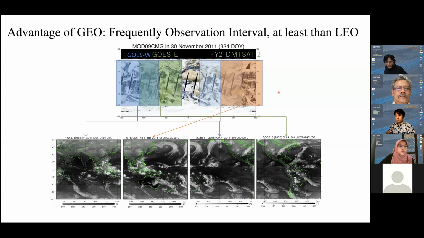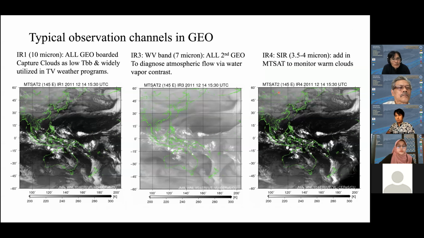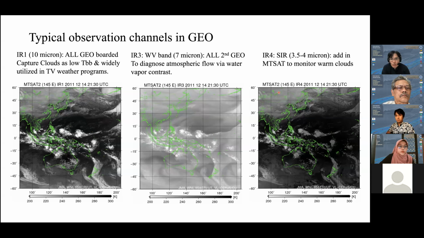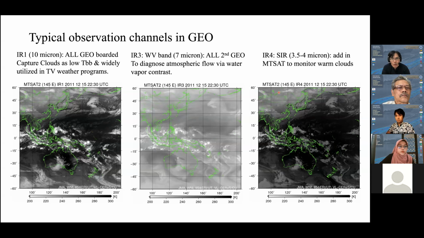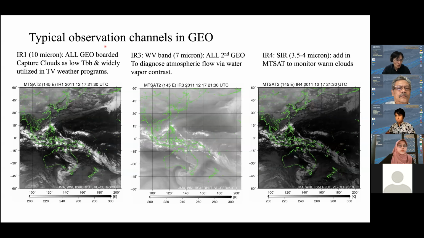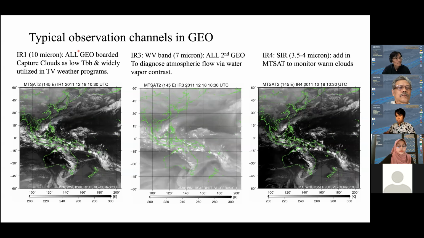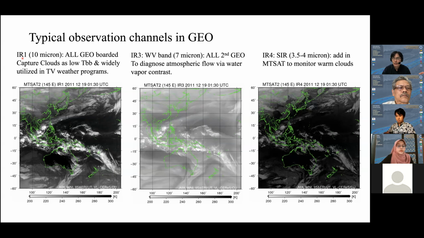So this is an example of the typical observation channels onboard a geostationary meteorological satellite. Step by step, I will explain these. The left one shows the IR1, a wavelength of 10 micrometers.